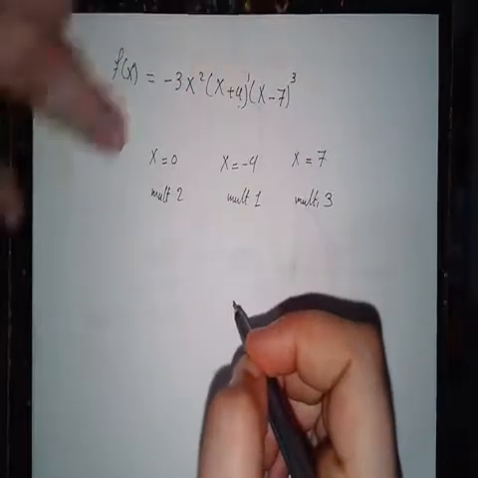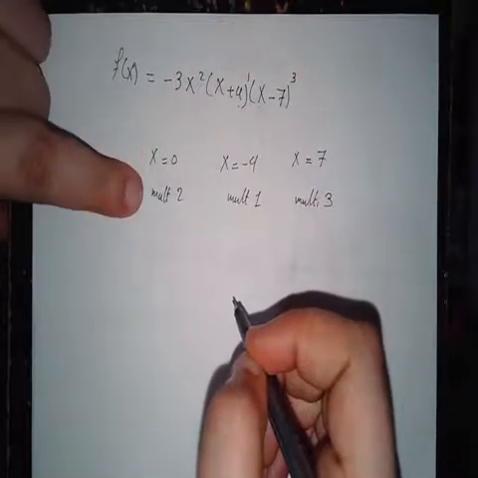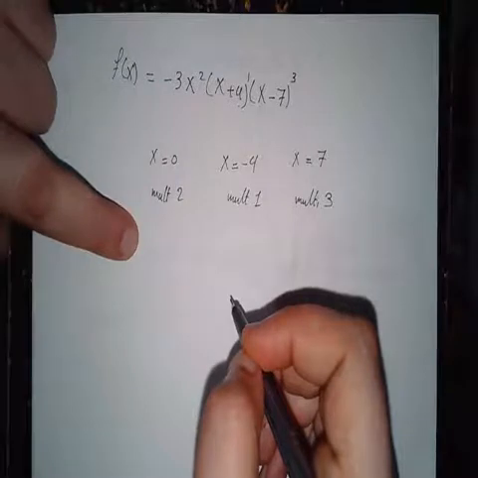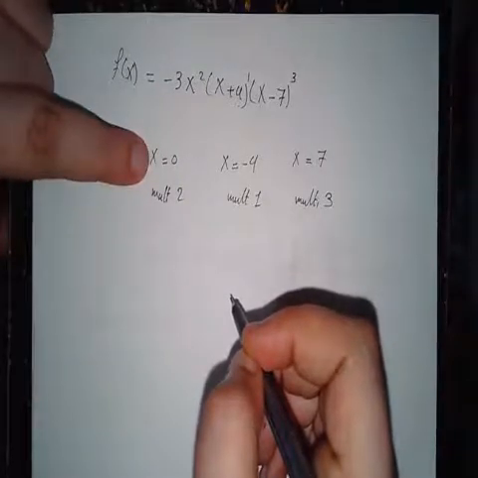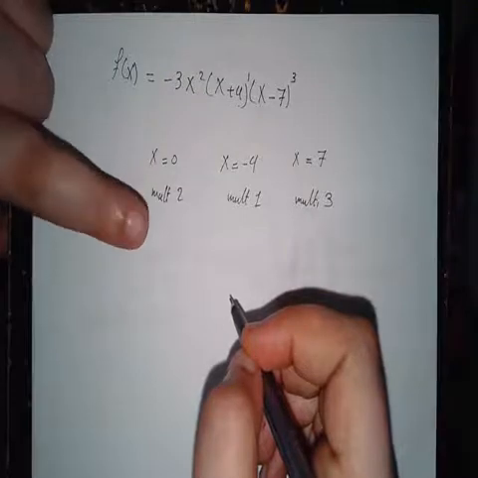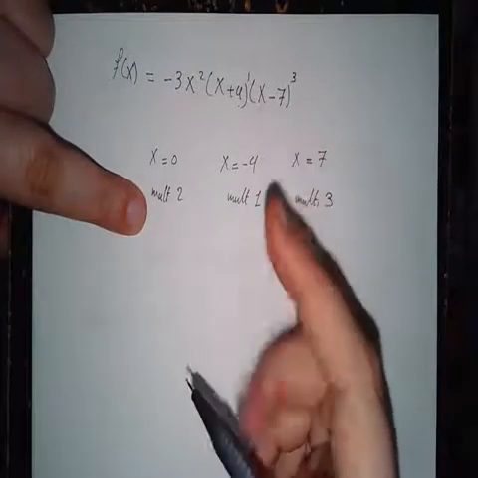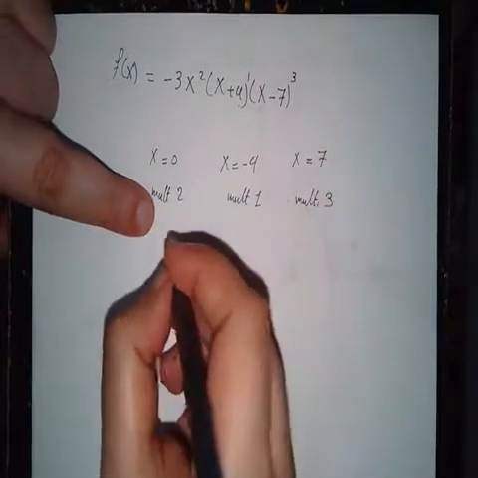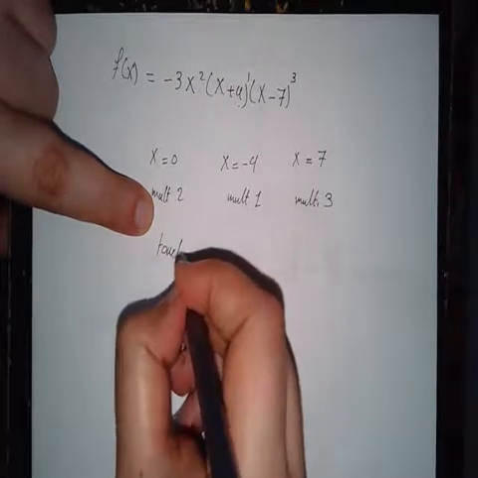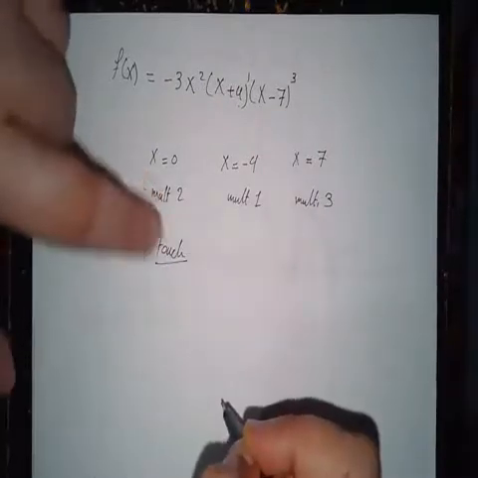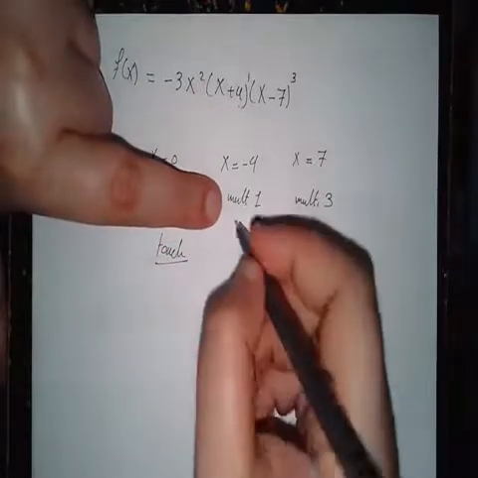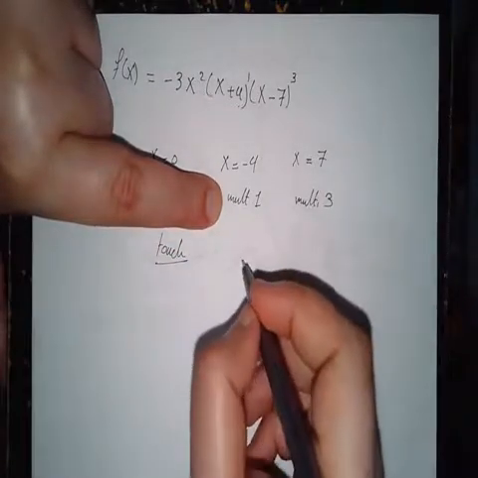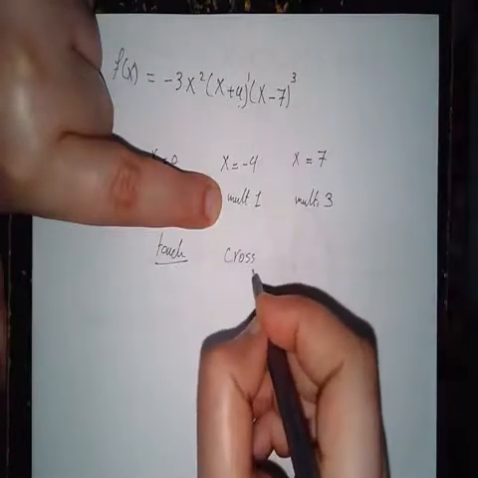Okay, so we did the zeros, we did the multiplicities. Now tell me if each point is going to touch or cross. At x equals 0, the multiplicity is 2, which is even, and we said even is touch. Over here, the multiplicity is 1, and we said odd is going to cross.